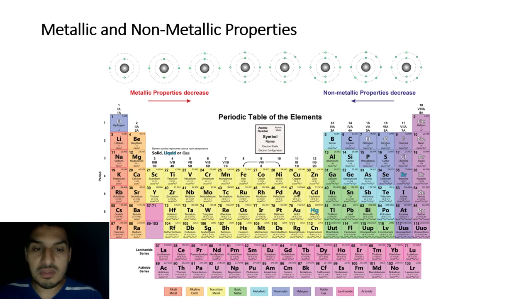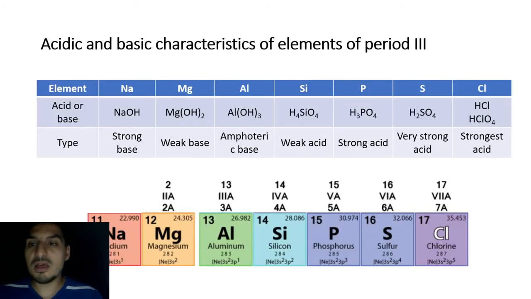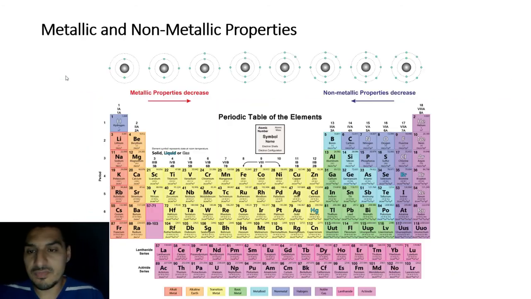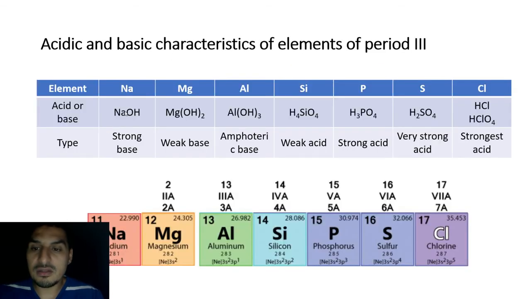So now the elements can be split into either metals, non-metals, metalloids, or amphoteric metals. And this is something that we can see from sodium till chlorine, this period. You see that sodium hydroxide is a strong base, magnesium hydroxide is a weak base, aluminum hydroxide is amphoteric, and then you turn into the weak acid, which is silicic acid.